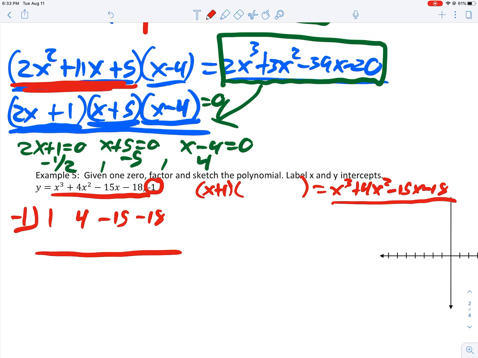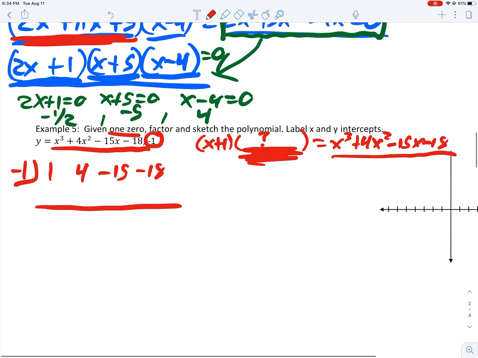That's what I know right now. I need to figure out what is that missing piece. What is this trinomial? That's what I'm trying to find, because it's going to be something I can factor. Because I know I have a 0, so it's going to divide in evenly. So keeping that in mind, that means that my remainder here has to be 0.